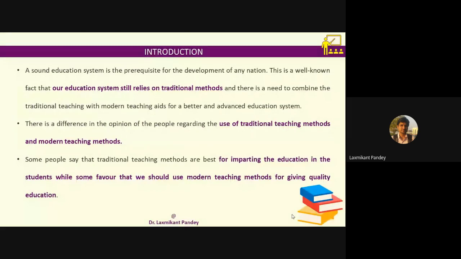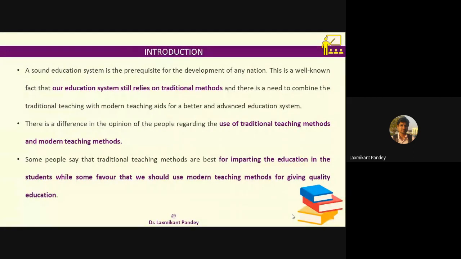If you look at different teaching methodologies, there are different opinions regarding the use of traditional and modern teaching methods. Earlier people are used to the traditional teaching method, so they are not willing to cope with the new technology that has been inculcated in present-day teaching methodology. This is one of the problems we are facing.